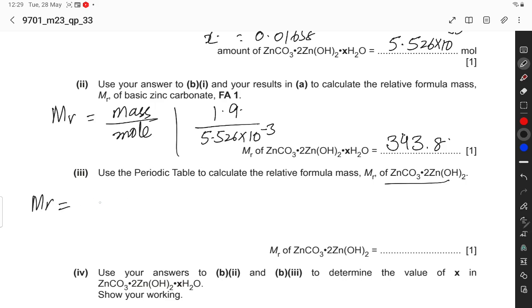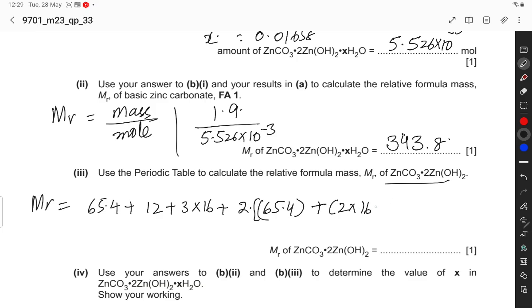Mr is equal to 65.4 plus 12 plus 3 into 16 plus 2 into 65.4 plus 2 into 16 plus 2 into 1.